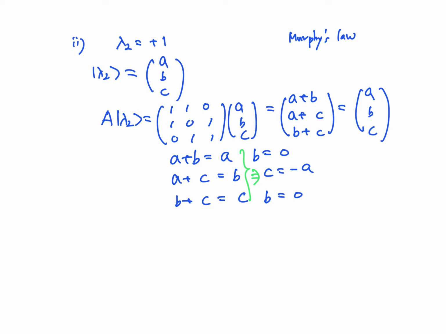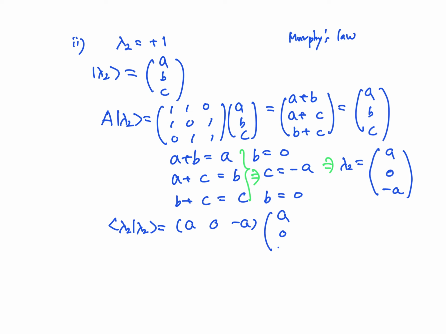So lambda 2 is of the form A, 0, minus A. Then A squared plus A squared is equal to 1.